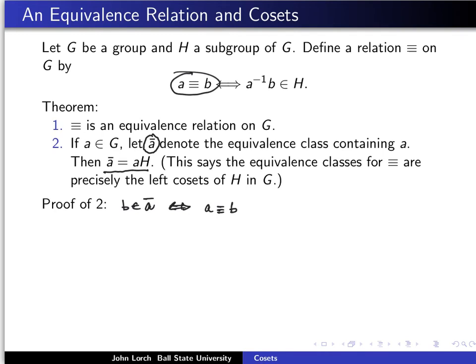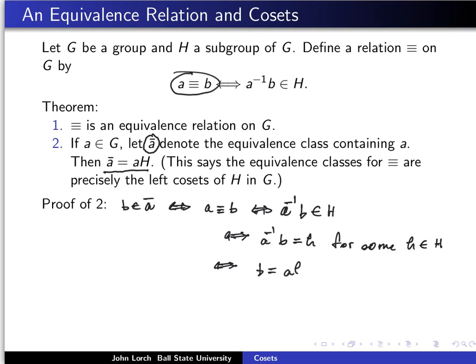Remember, A bar consists of everything that's equivalent to A, and so we know that B must be equivalent to A. But that is the same thing as saying that A inverse B sits within H. And that's the same thing as saying that A inverse B is equal to some little h for some little h in capital H, which is the same thing as saying that B is equal to little a times h, for that same h.